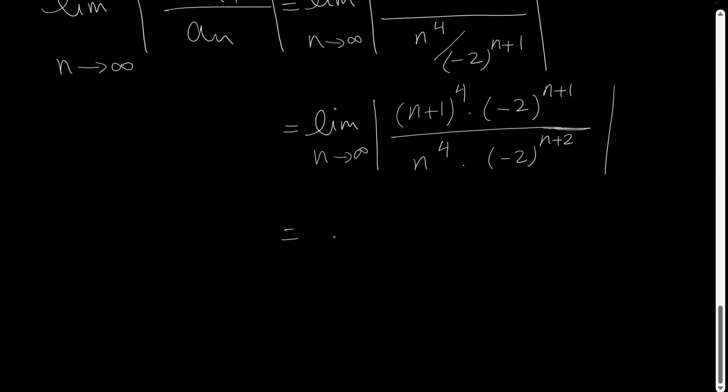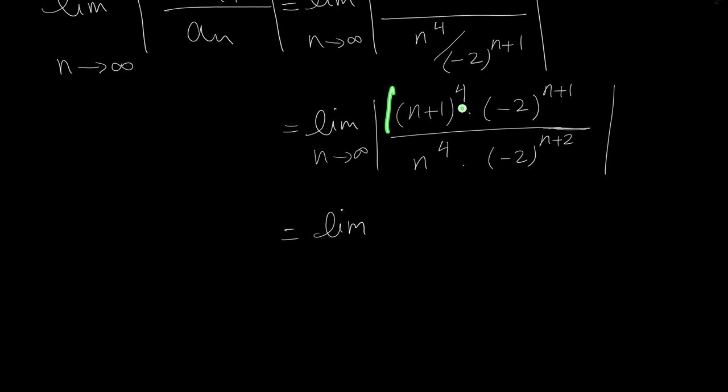So you may want to write it as the absolute value of (n+1)^4, the absolute value of (-2)^(n+1), over the absolute value of n^4 and the absolute value of (-2)^(n+2).